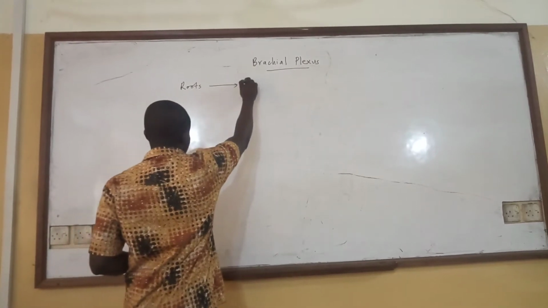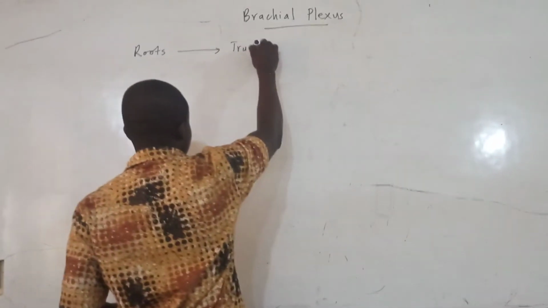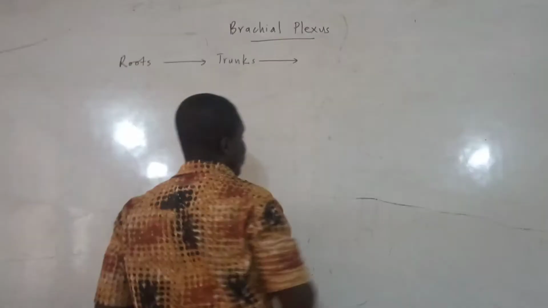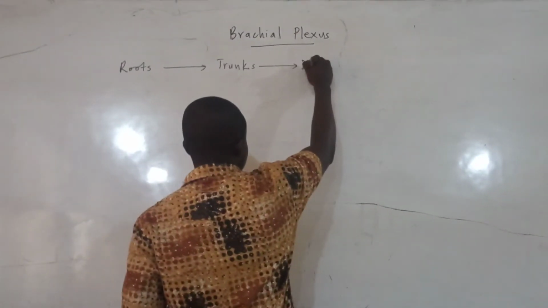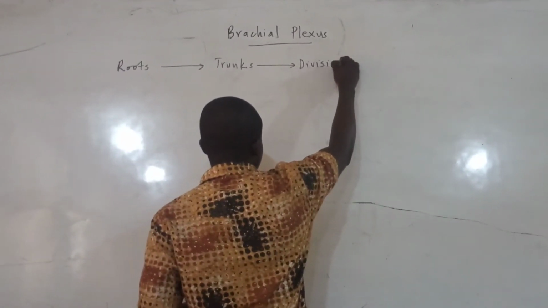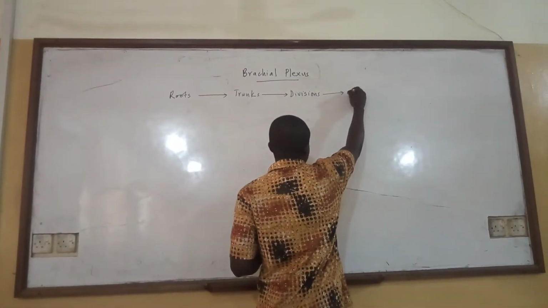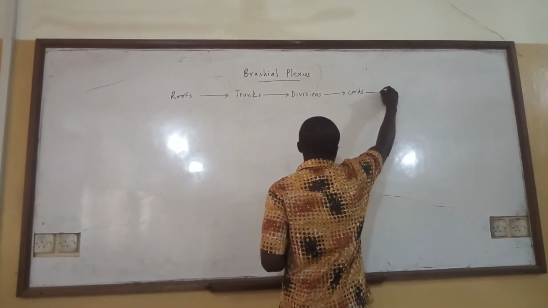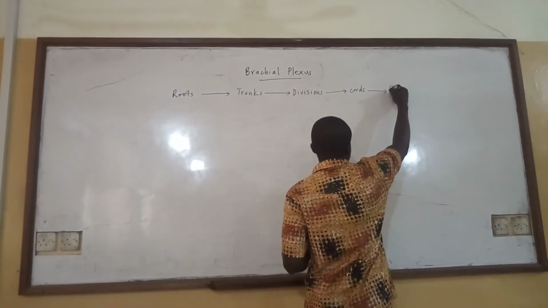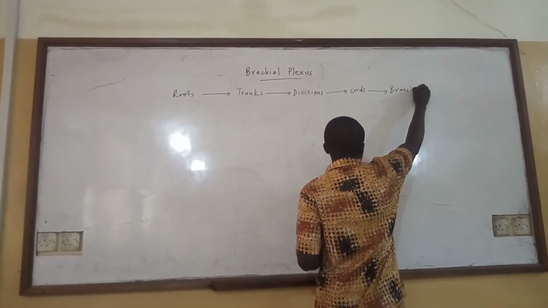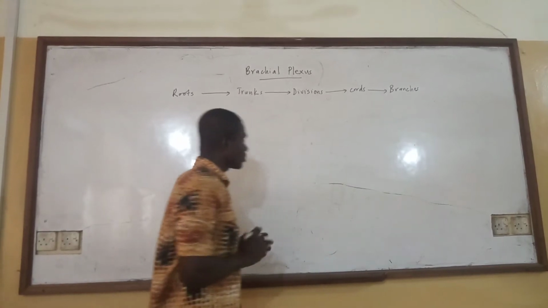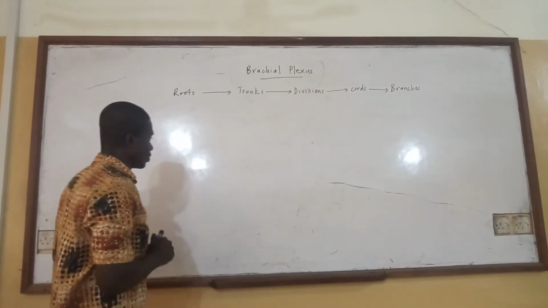Roots will give rise to trunks. Trunks divide into anterior and posterior divisions. These anterior and posterior divisions will organize themselves into cords, and then finally give rise to the terminal branches. So that's the brachial plexus organization.